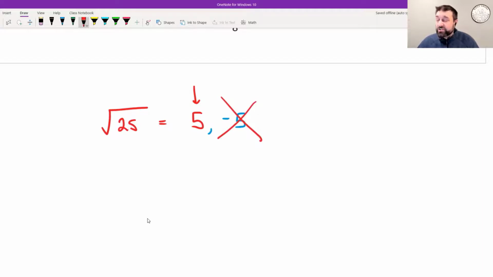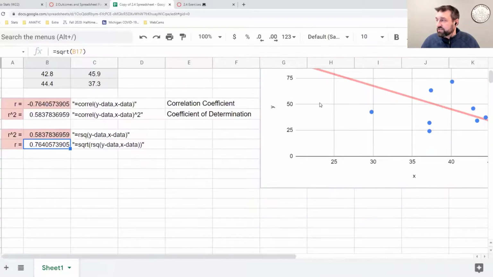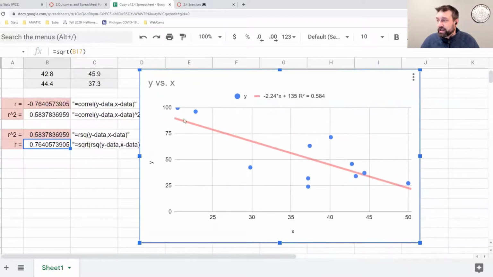Technology kind of ignores that -5. Well, in this case, you can't ignore that -5. You have to keep in mind that the square root of a number can be positive or negative. So how do we know if R is positive or negative? Take a look at the slope of the line. If the slope of the line is negative, which in this case it is, see that line right there?